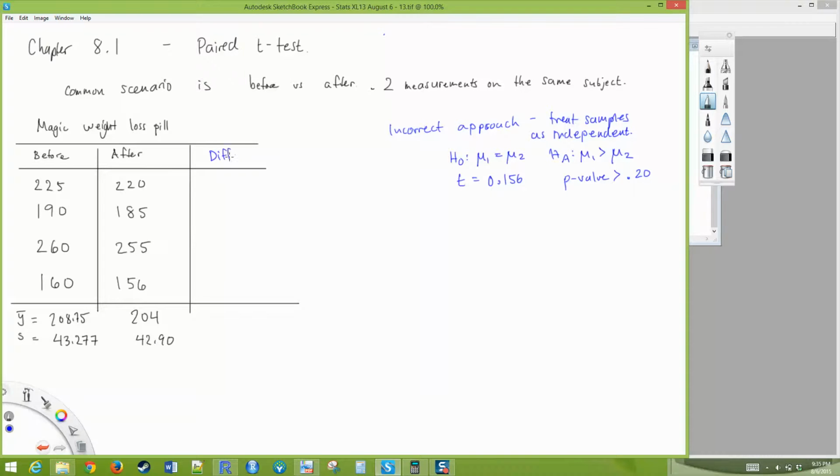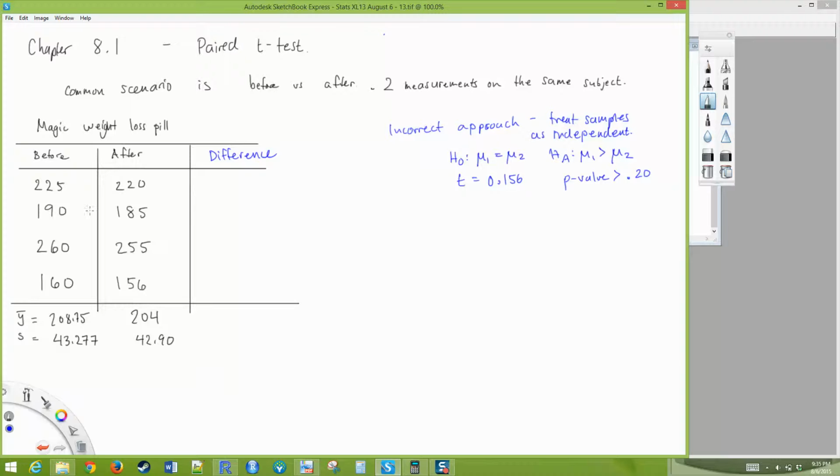I'm going to create a new column called the difference column, because with the incorrect approach, the weight loss of about 4 to 5 pounds gets muted out in comparison to the standard deviation, the variation between individual starting weights.